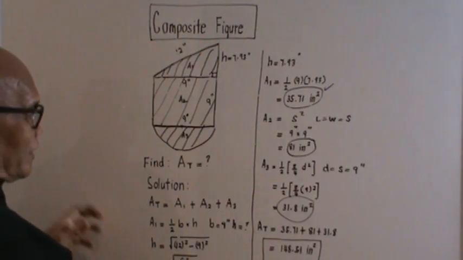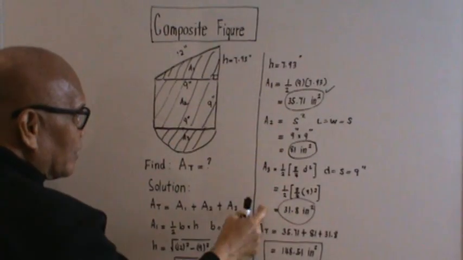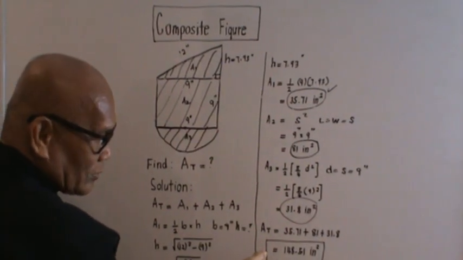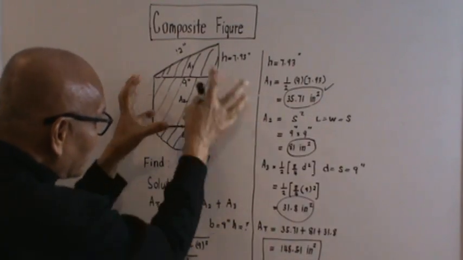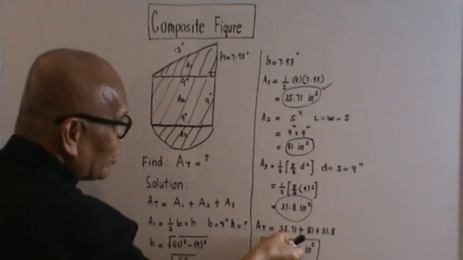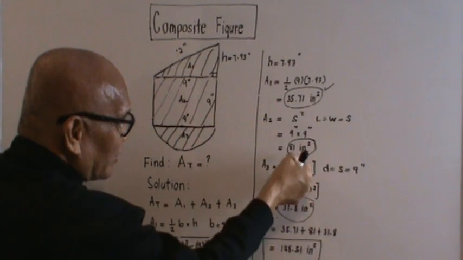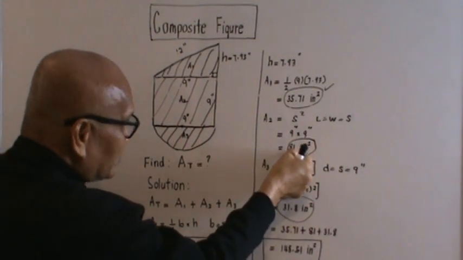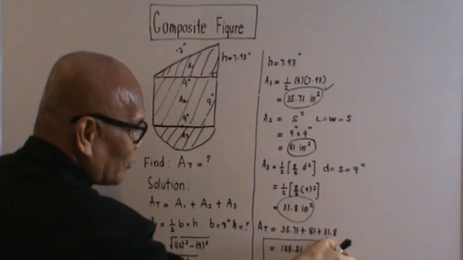So the total area will simply be the summation of area number 1, area number 2, and area number 3. We place it here, capital letter A with the subscript T, meaning the total area of the composite figure will be area number 1, which is 35.71, plus 81, the area of the second figure, which is a square, plus the area of the semicircle, which is 31.8.